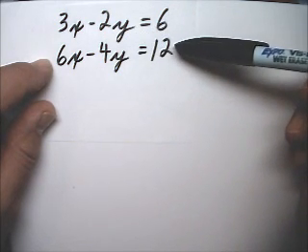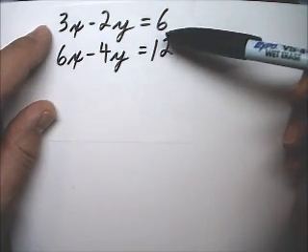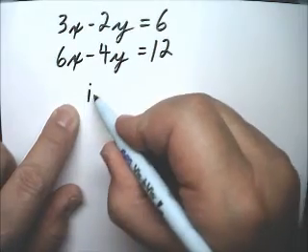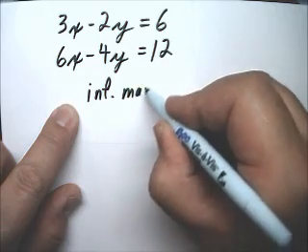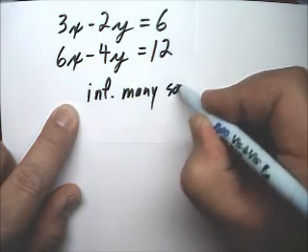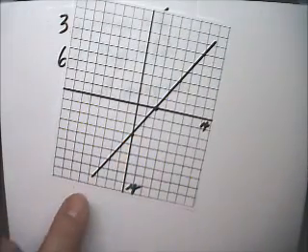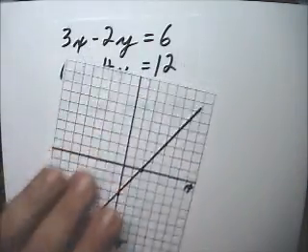And likewise, if you divide the second equation by 2, you get the first equation. So this solution has infinitely many solutions, because that's really both lines. Both lines have all of their points agreeing, so it's infinitely many solutions.